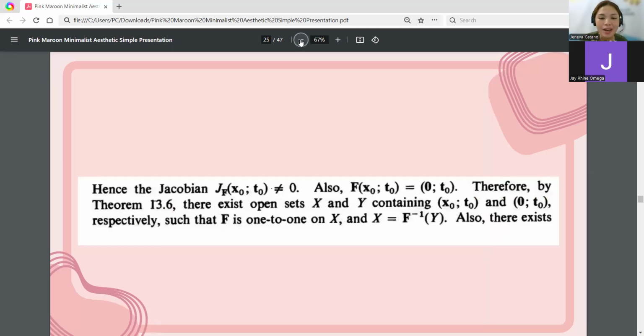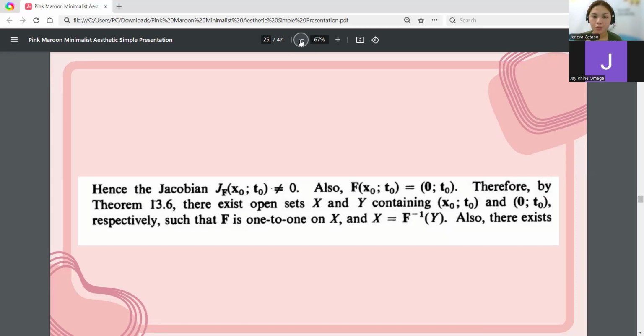Hence the Jacobian of f at (x₀, t₀) is not equal to 0. Also, f(x₀, t₀) = (0, t₀).